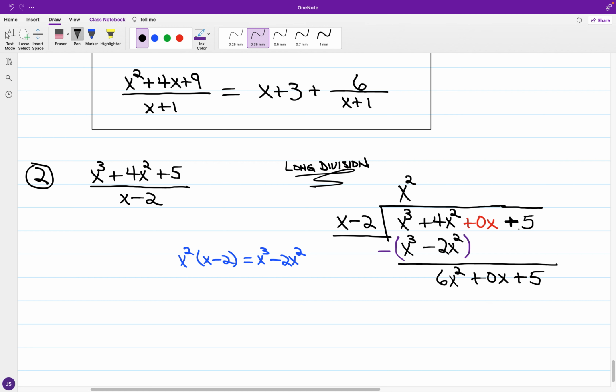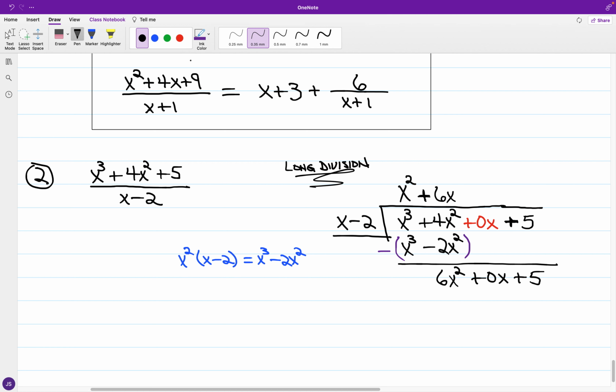And again, the 0x and the 5 have not been touched, but in the next step, at least the 0x will interact with the last product that we have in the multiplication of x minus 2 and what we have for the second term of the quotient. So we have already took x into x cubed, now taking x into 6x squared, or 6x squared divided by x.